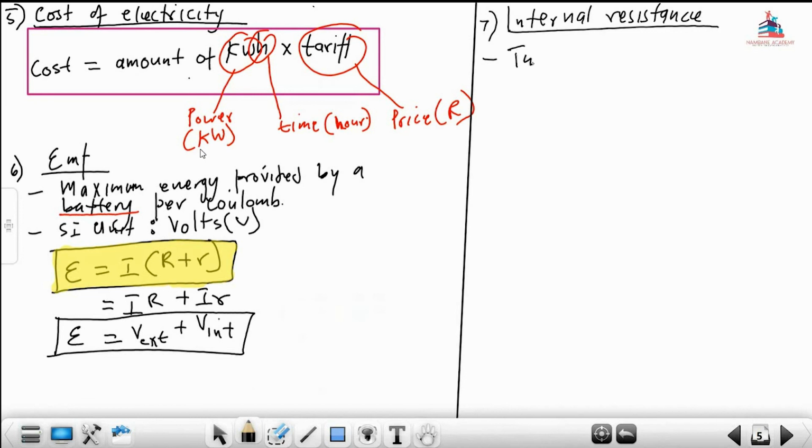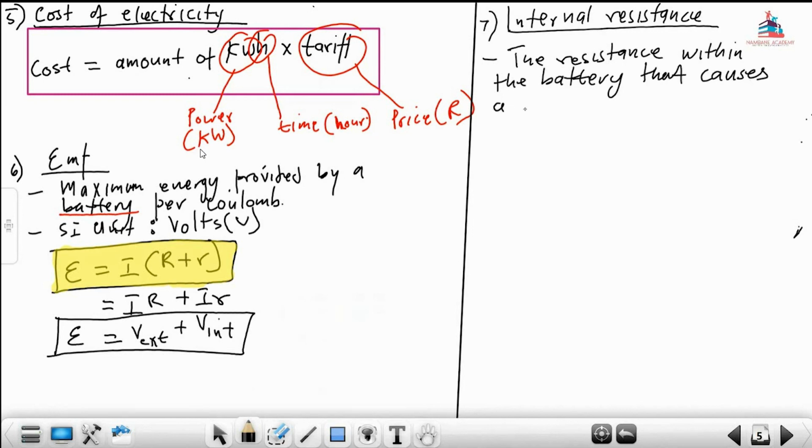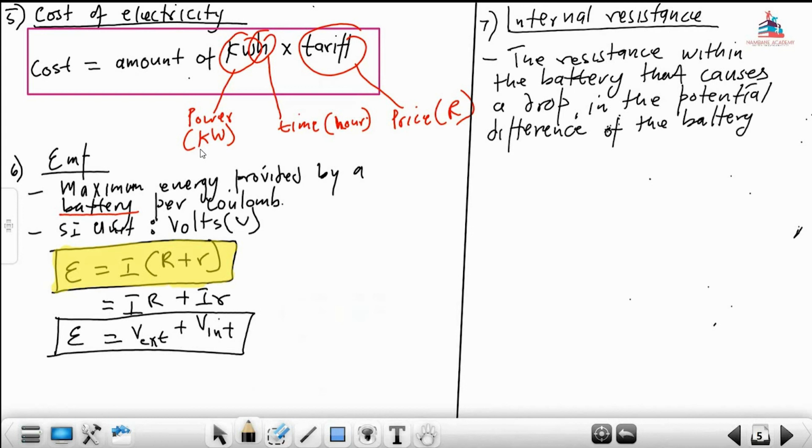Internal resistance is the resistance within the battery that causes a drop in the potential difference of the battery when the current passes through it, when the current passes in the circuit.